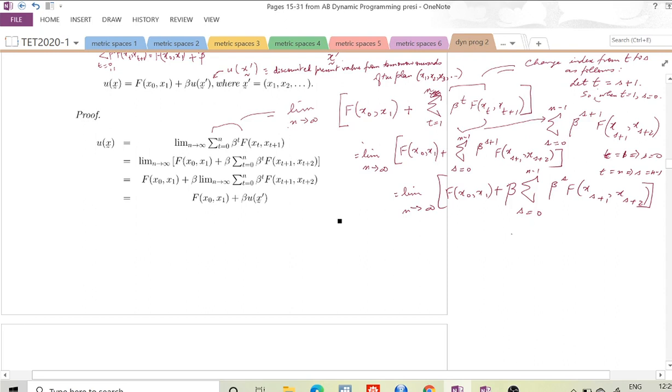Okay, so what is being said is that if I now take the limit of this as n tends to infinity, n minus 1 tends to infinity.